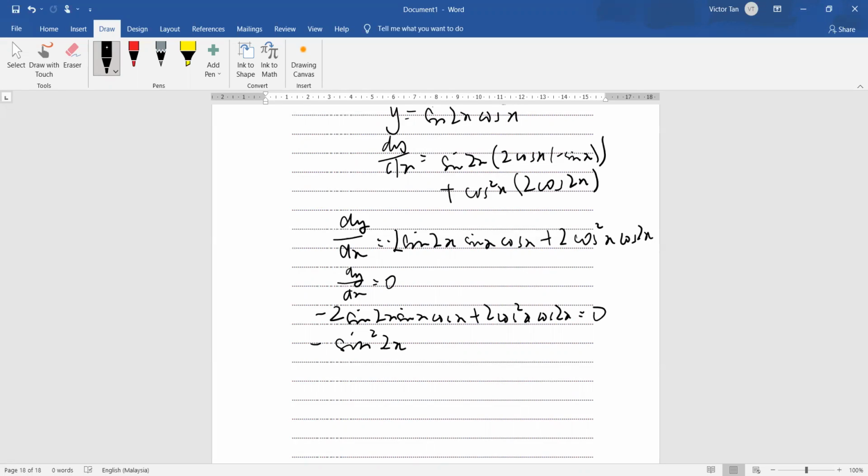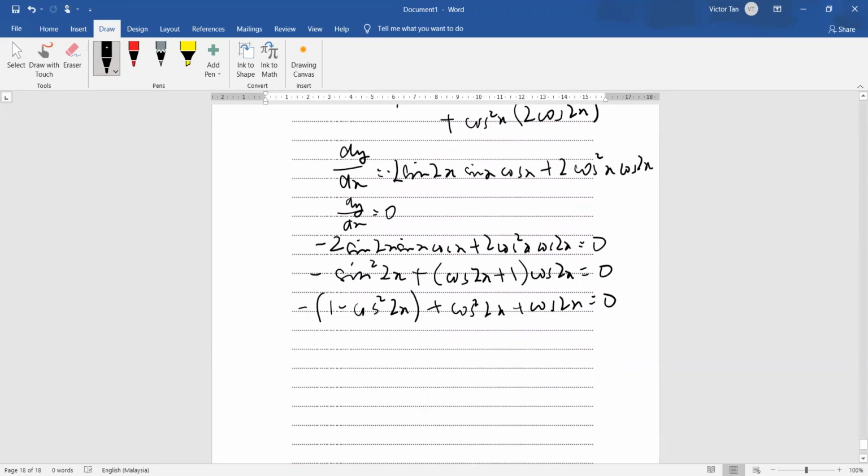And 2 cos square x will be cos 2x. So I'm going to change the sine to a cos. So this is minus 1 minus cos square 2x plus cos square 2x plus cos 2x.